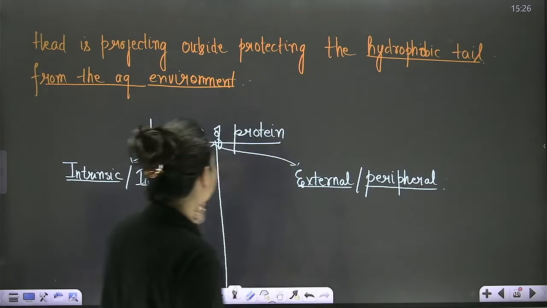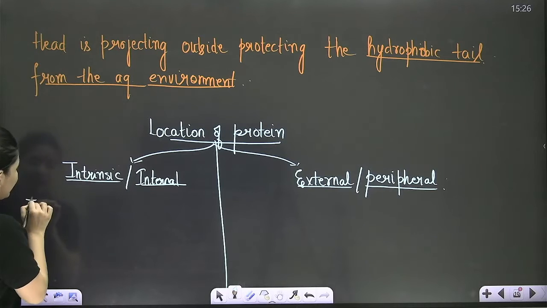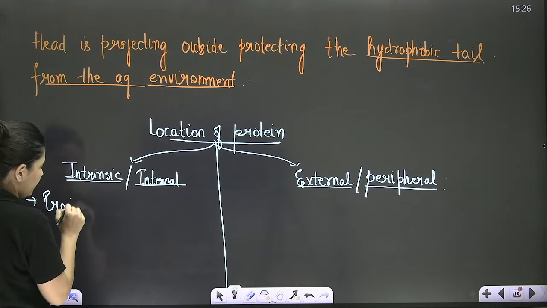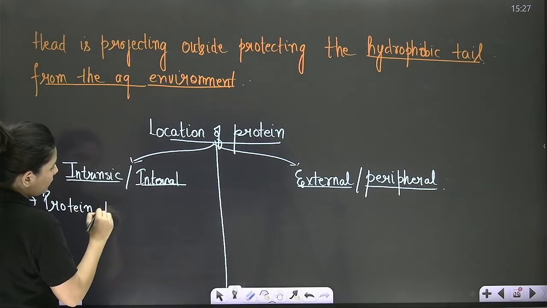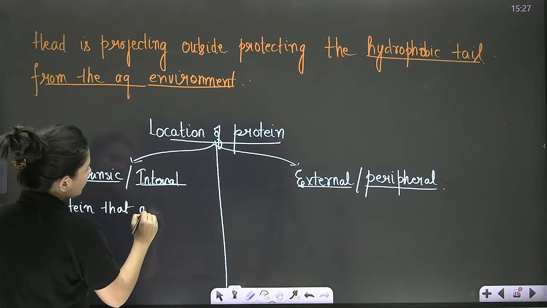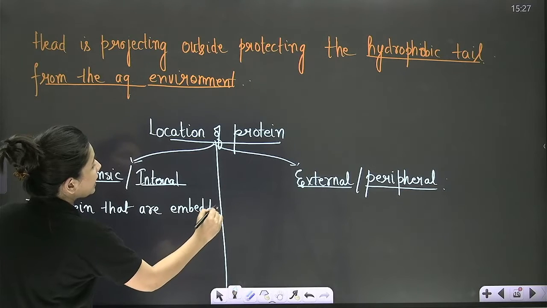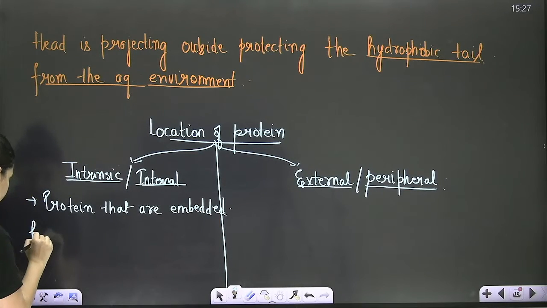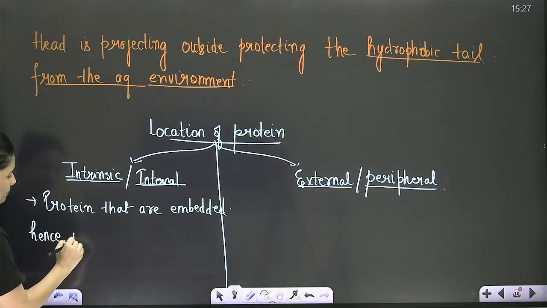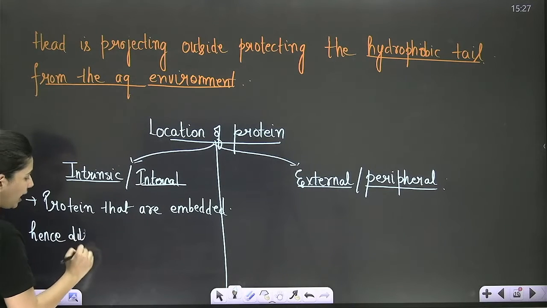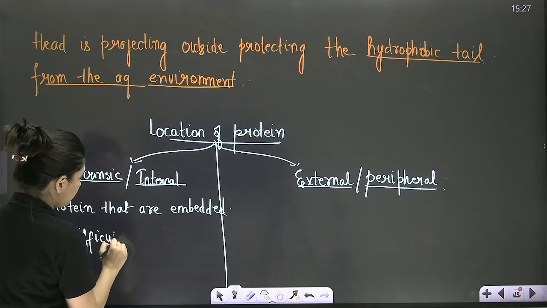So what is intrinsic protein, beta? Proteins that are difficult to remove as they are embedded in the plasma membrane. Right? Clear to everyone?